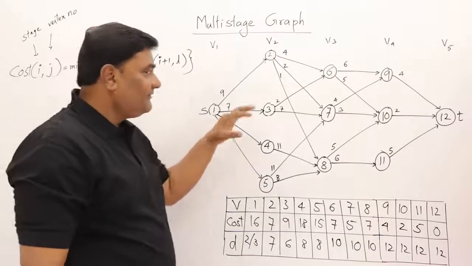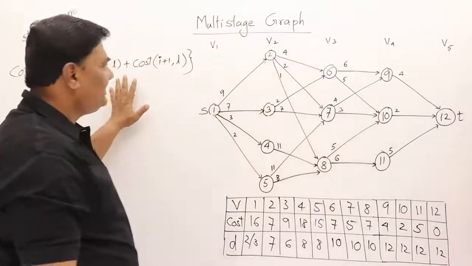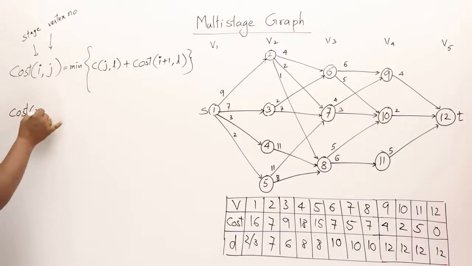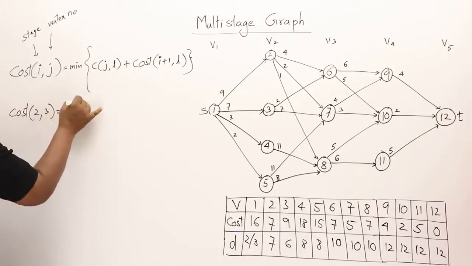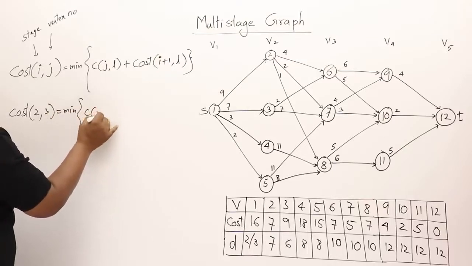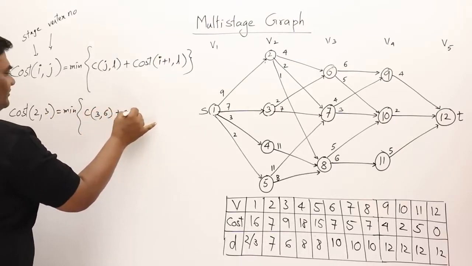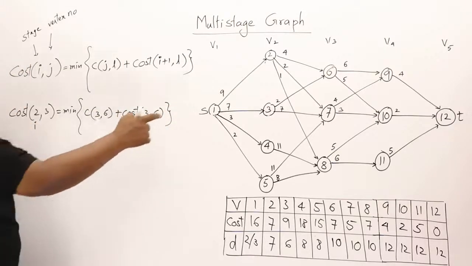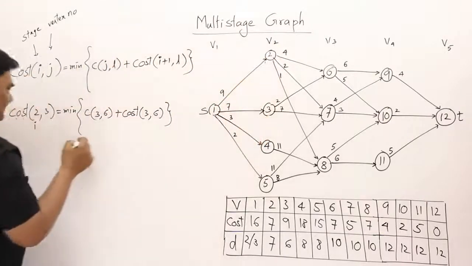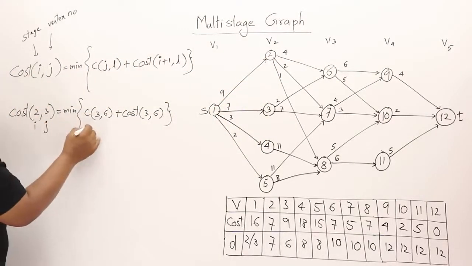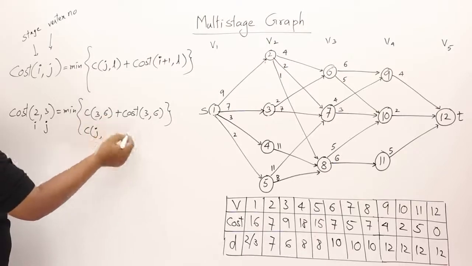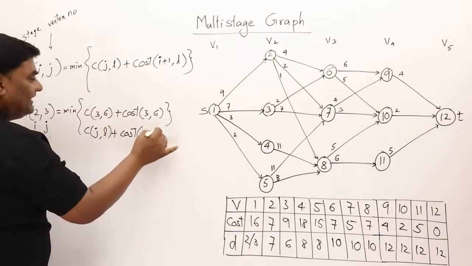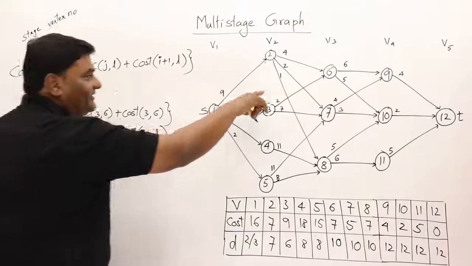Whatever the edges are available, for 2 there are 3 edges. So we wrote the same thing 3 times. You can see that for finding cost of second stage third vertex was minimum of, one of the values I will write down, third vertex to sixth vertex plus cost of third stage sixth vertex. If I say this is stage number 2 and vertex, this is j, then minimum of cost of an edge j to some vertex l, then cost of that l, and that l is definitely in the next stage.